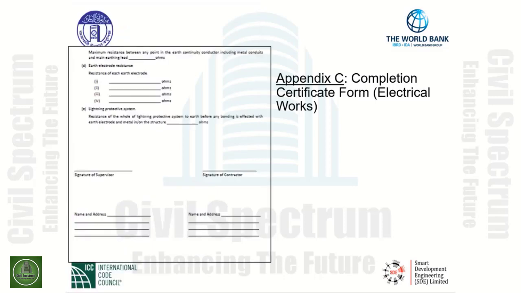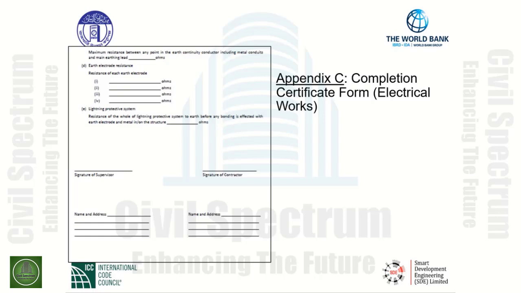Continuing the completion certificate form, maximum resistance between any point in the earth continuity conductor, including metal conduits and main earthing lead in ohms. Item D, earth electrode resistance. Resistance of each earth electrode must be indicated in ohms in each case, depending how many electrodes are installed and being tested.